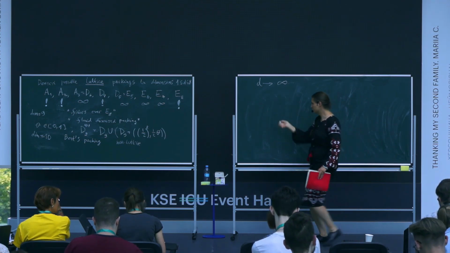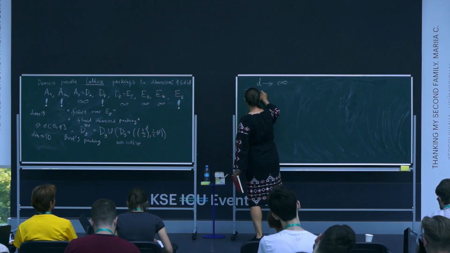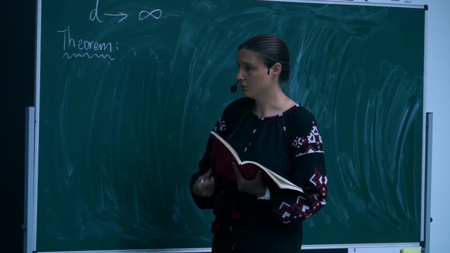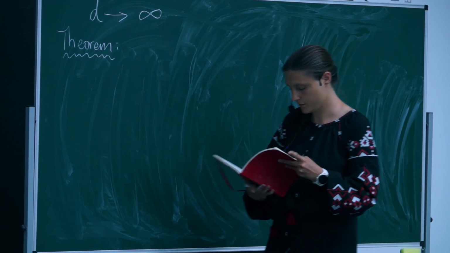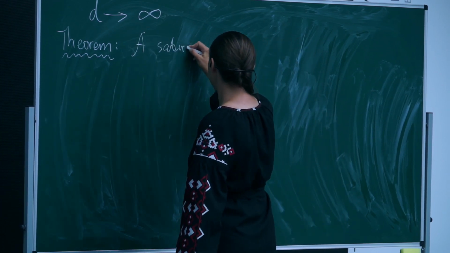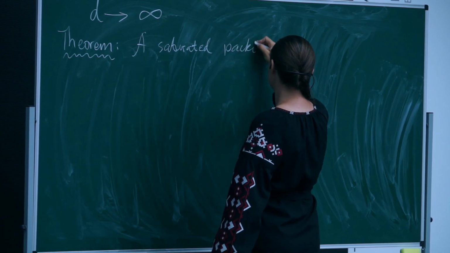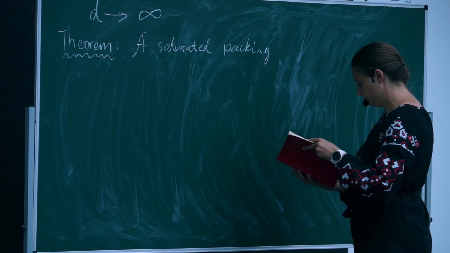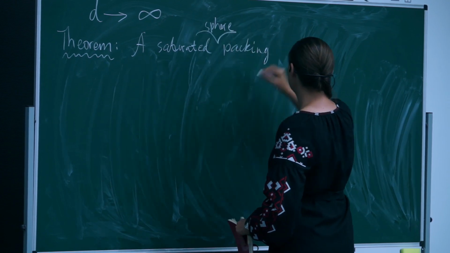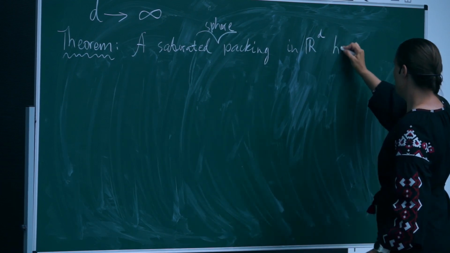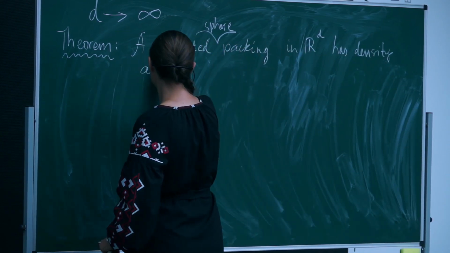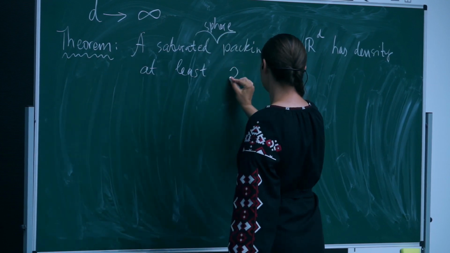There is a very simple and pretty fact, which allows us to give a lower bound on the sphere packing problem, and it tells us that a saturated sphere packing in dimension D has density at least 2 to the power minus D.